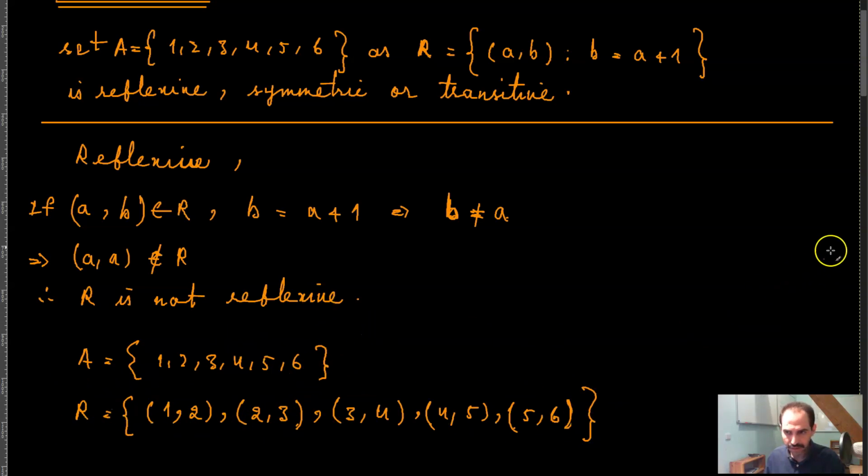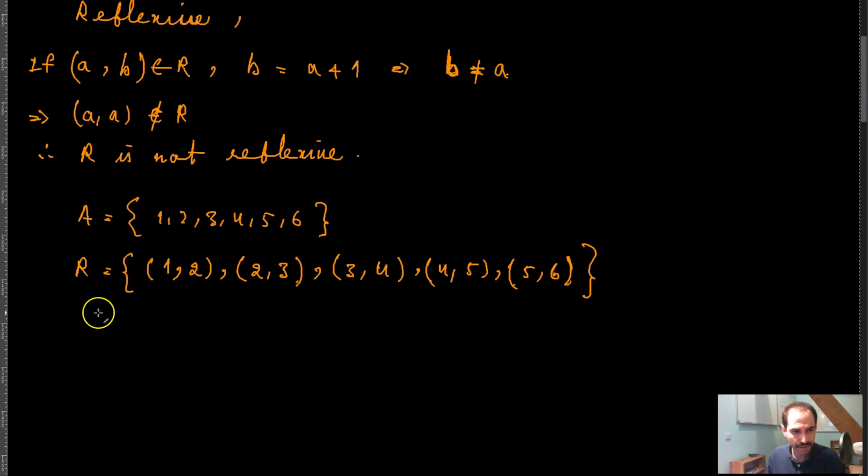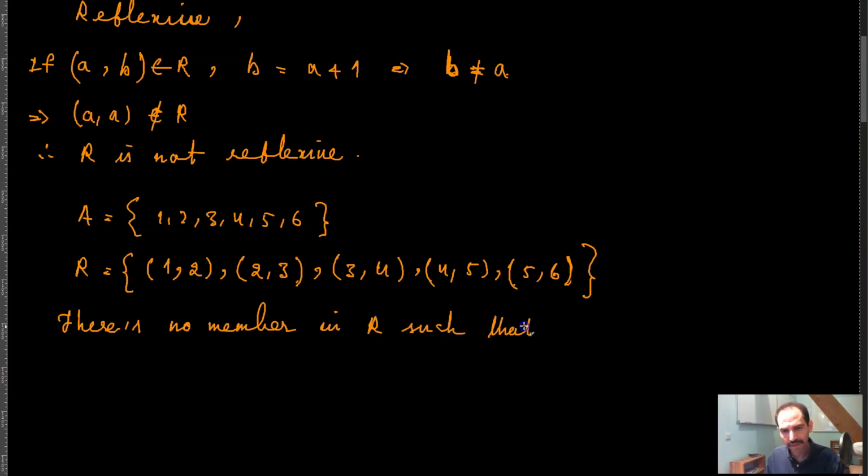So these are all of the members of R, and you can see that there is no member in R such that the first component is equal to the second component of the ordered pair.